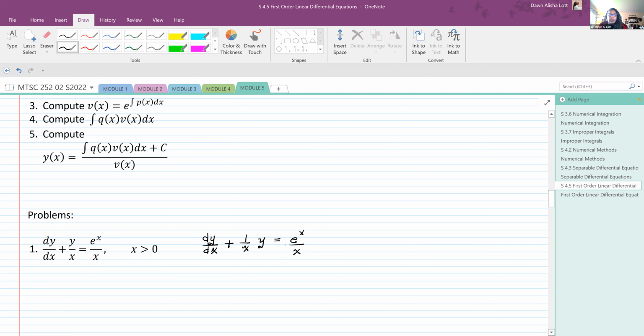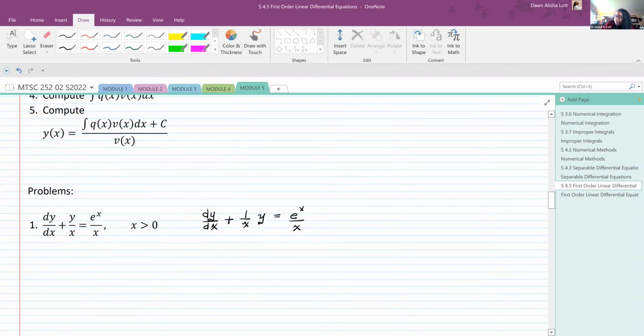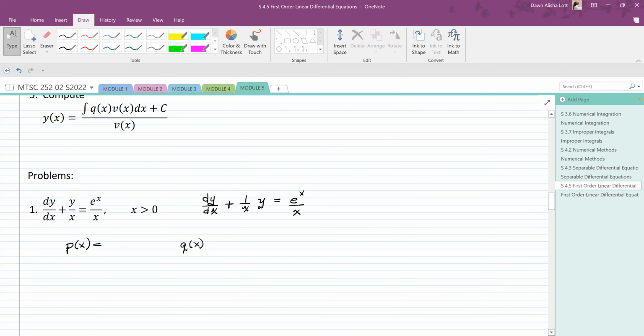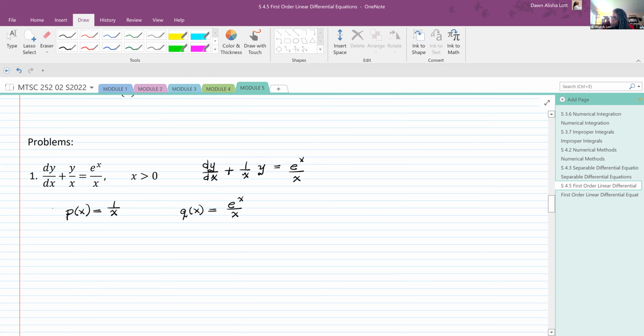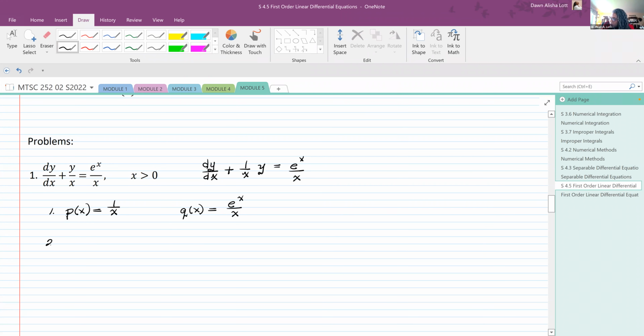Any questions? Okay, so identify your P of x and your Q of x. Everybody got a P of x and a Q of x? 1/x is P. And Q of X is e to the X divided by X. So that was the first step. Second step, integrate P.